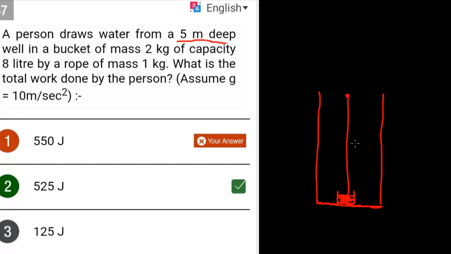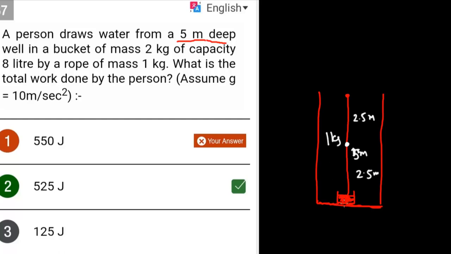This is 5 meter long, and its center of mass is here. This rope has mass 1 kg, so this is 2.5 meter, and this is 2.5 meter.